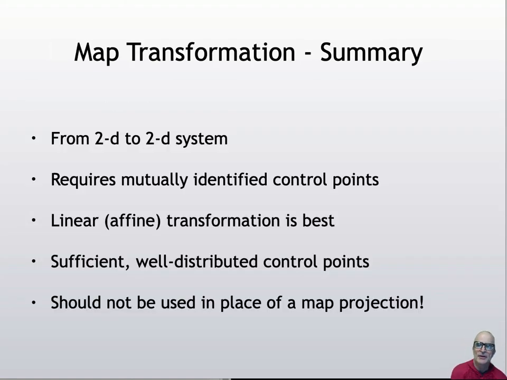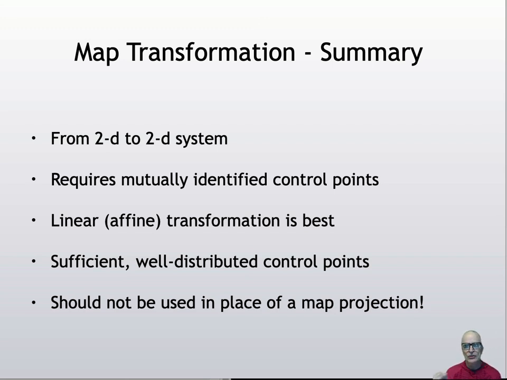All right, map transformation summary, it's from 2D to 2D. You only want to use it when you have an arbitrary inch space or scalar coordinate system as your source, and you want to get it into a projected coordinate system. You have to have these mutually identifiable control points. The affine transformation is best. To fit the affine, you really need 3 points in each of the quadrants, and from 12 to 30 total.